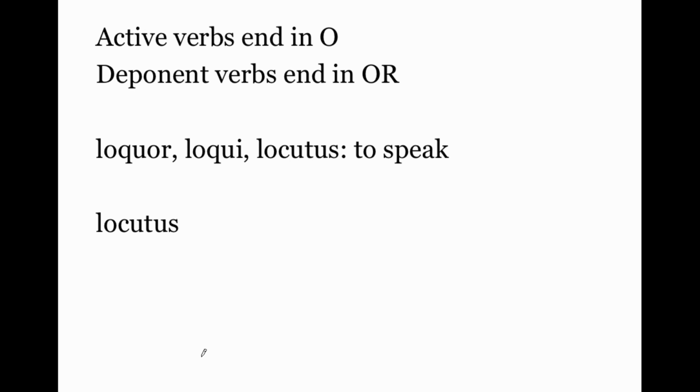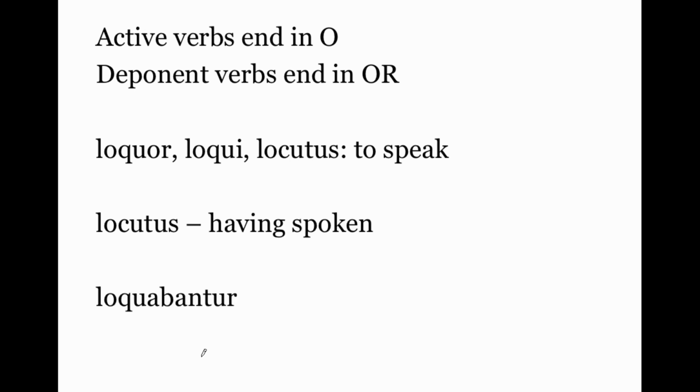Here's why this is so important. Look at this verb, loquor. You immediately know it's a deponent verb. Locutus means having spoken. But here's the thing. Deponent verbs don't have active forms at all. The only forms deponent verbs have are what look like passive endings. But here's the secret. They have passive endings, but still active meaning.